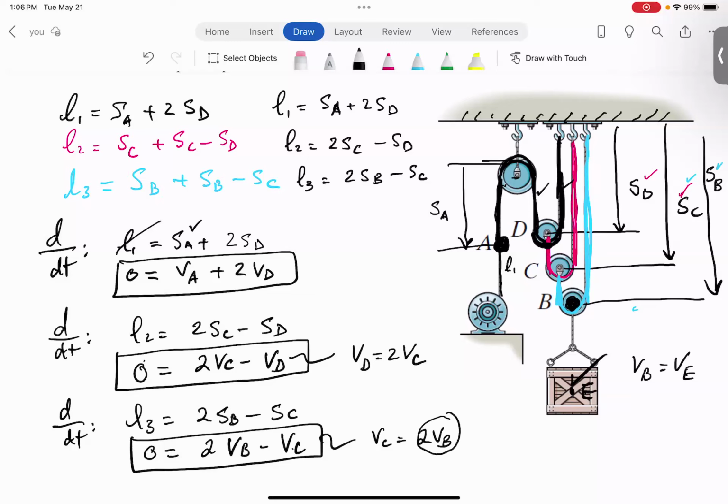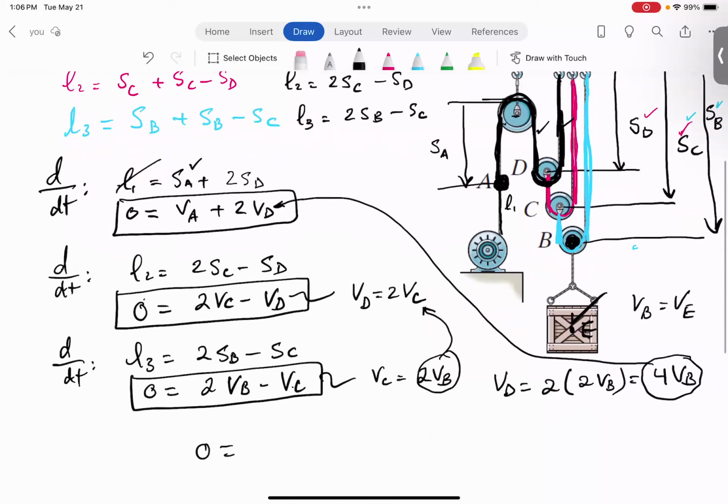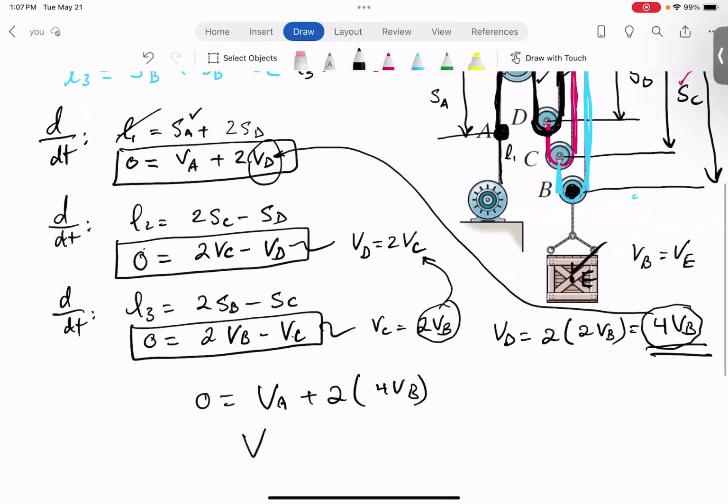So if I take this and put it here, velocity of D becomes 2 times velocity of C, which is 2 velocity of B, becomes 4 velocity of B. And eventually, if I put this right here, I have achieved my goal, which is velocity of A plus 2 times velocity of D. But what is velocity of D? It's 4VB. So finally, the final equation is VA plus 8VB equals 0.